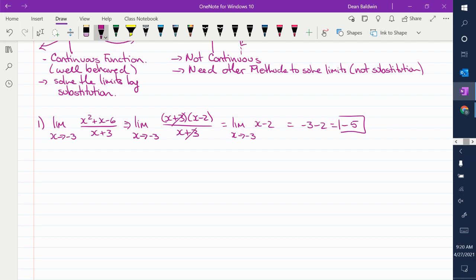Second type. Is when you have a radical, specifically a square root is what you'll see in Math 100.